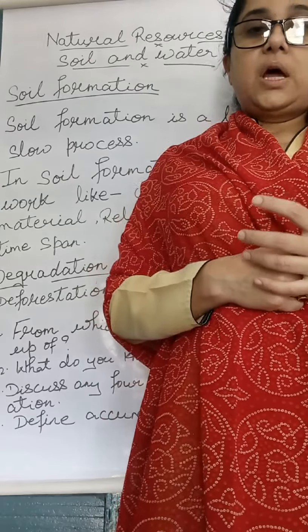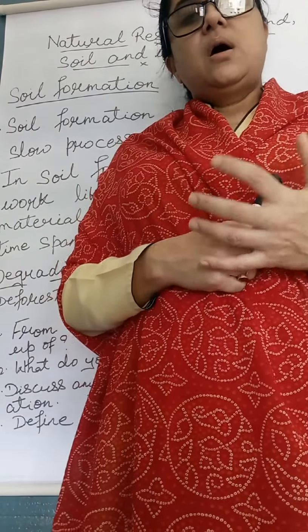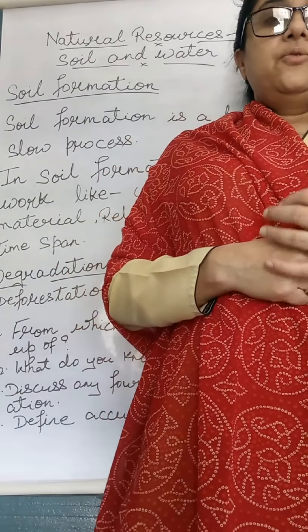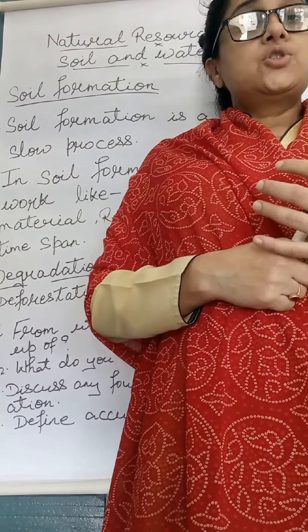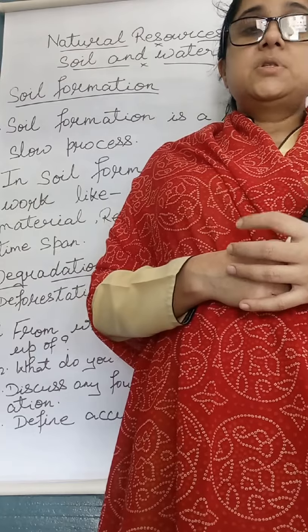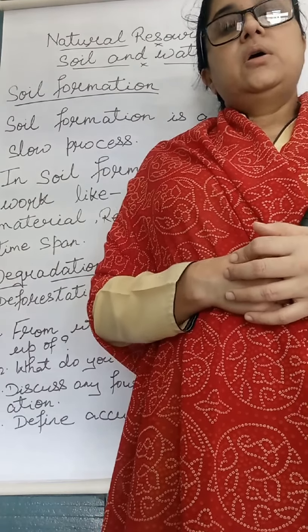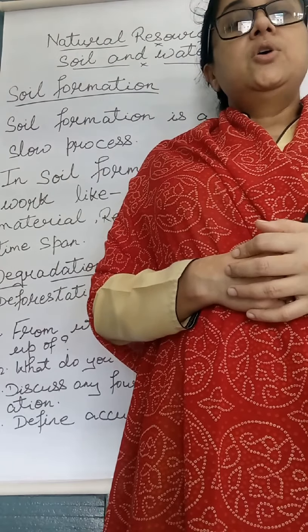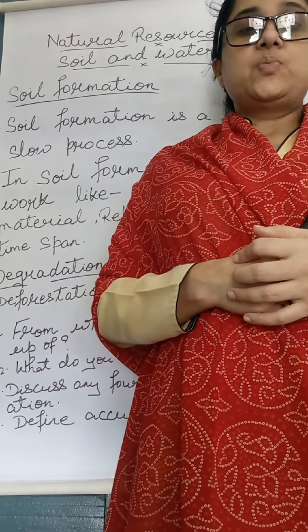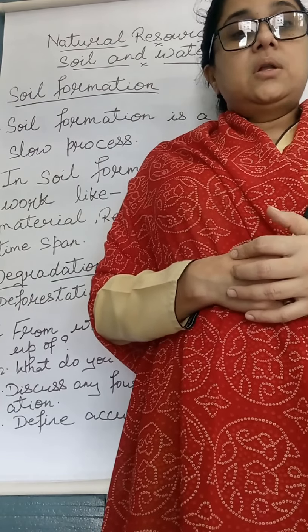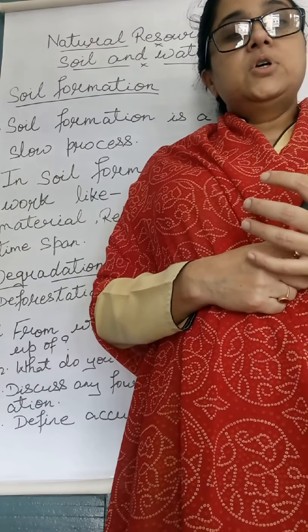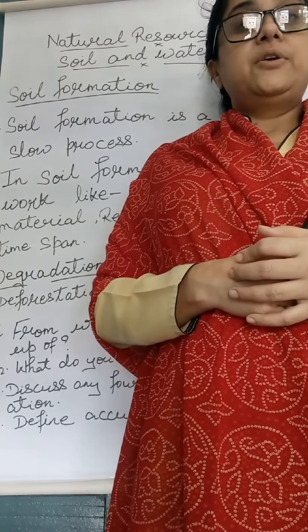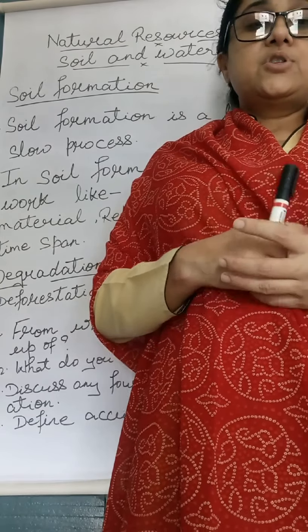Both natural and human factors are responsible for degradation of soil. Soil erosion is sometimes natural, and sometimes human factors are also responsible for this. Some of the major factors of soil degradation are deforestation.